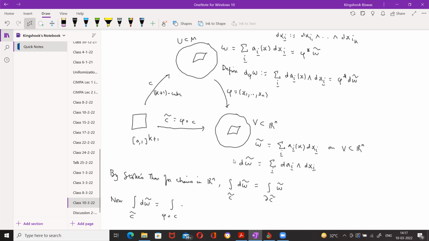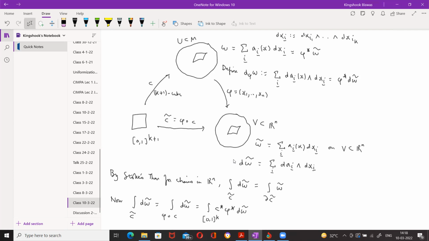So this is the integral of d omega tilde over phi composed with C. So this will be the integral over [0,1]^(k+1) of, so I have to pull back by phi composed with C. That is the same as the pullback by C star of phi star of d omega tilde, right?